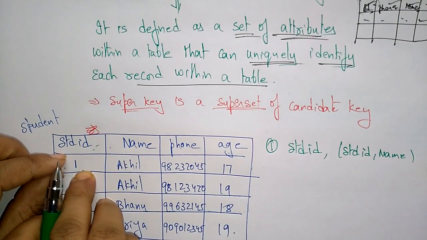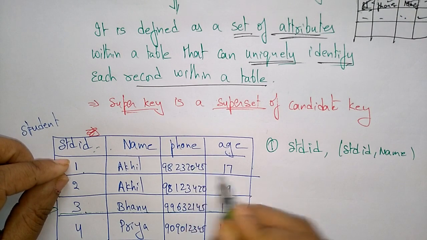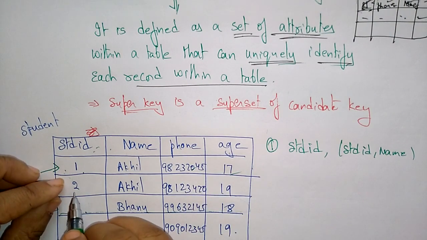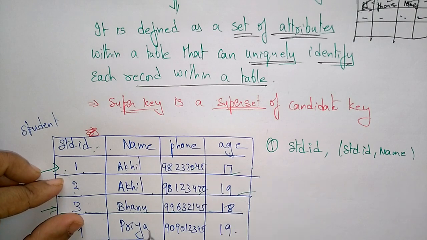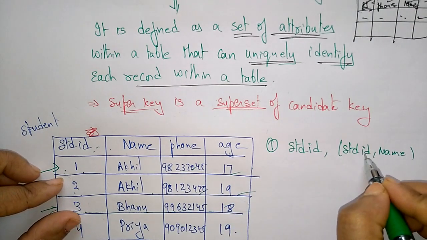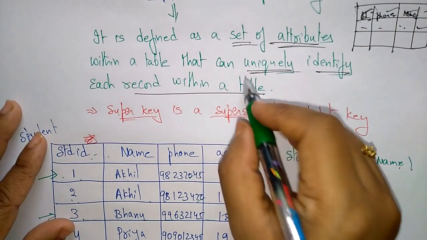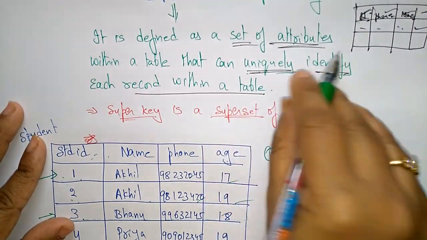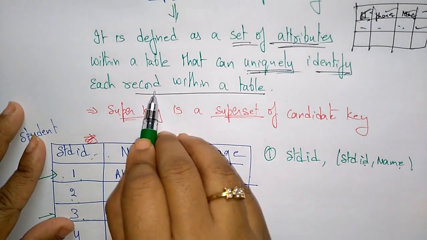With student ID 1 and Akhil, I can fetch his phone number and age. And with student ID 2 and name, I can fetch that person's phone number and age. So this is also a super key. Student ID and name. The main theme here is that you have to find each record uniquely, that can uniquely identify each record.